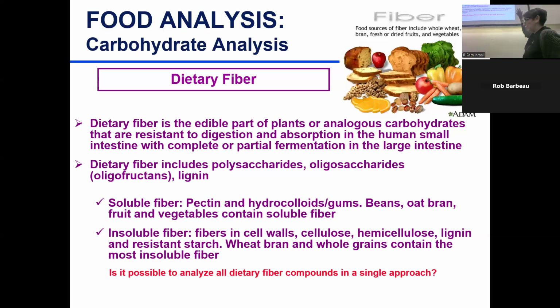For example, beta-glucan is a soluble dietary fiber. Insoluble fiber is cell wall material, cellulose; hemicellulose partly can be insoluble and sometimes, depending on its structure, can be soluble. It's so complex. And lignin, these are the ones that are mostly insoluble.